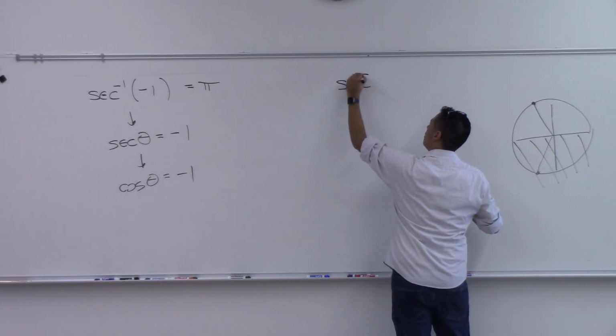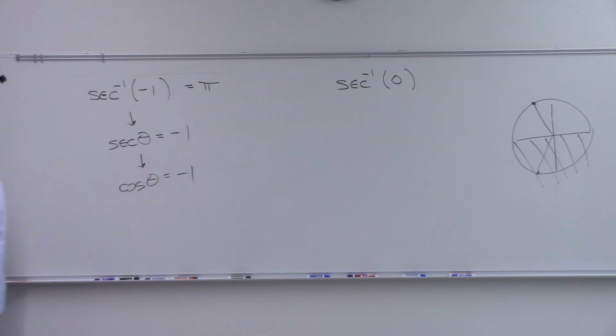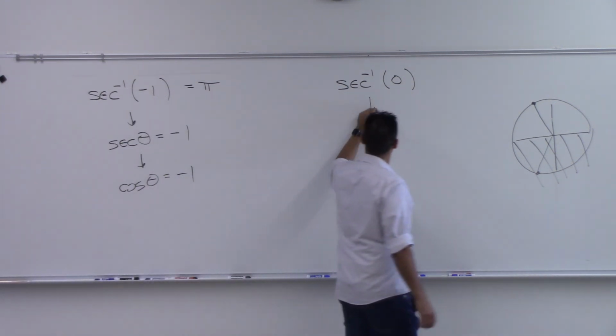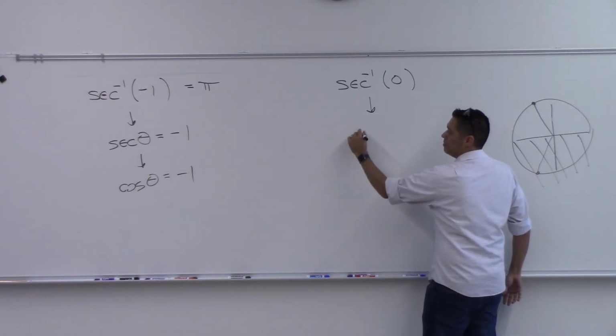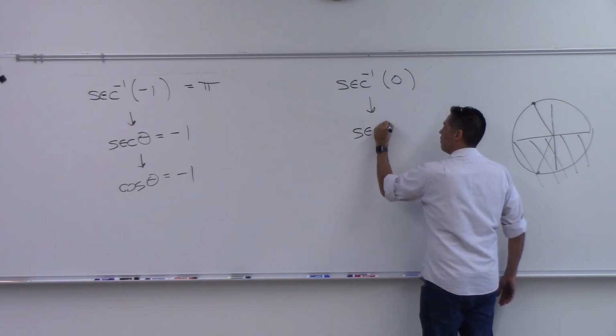Secant inverse of 0. Go through the process. That really means what? Secant of some angle needs to be 0.